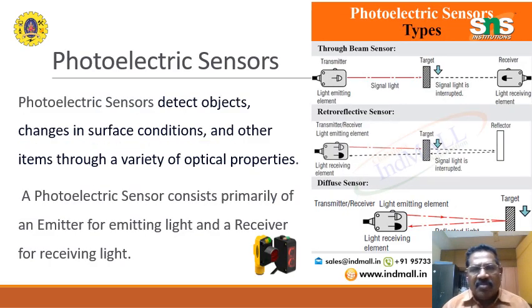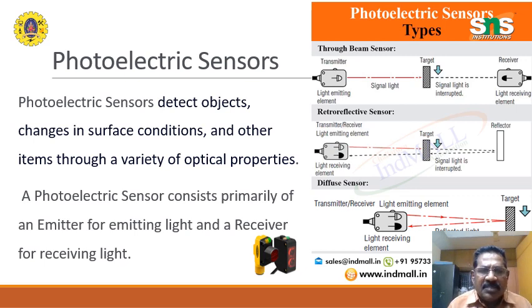Now, the next one is the photoelectric sensors. There are different types of photoelectric sensors: through-beam sensors, retro-reflective sensors, diffusive sensors, etc. A photoelectric sensor detects objects or changes in surface conditions and other items through a variety of optical properties.